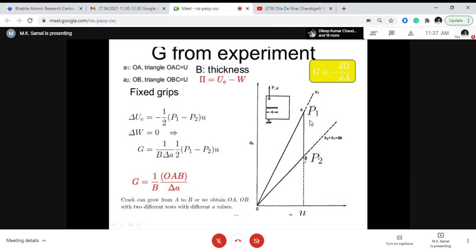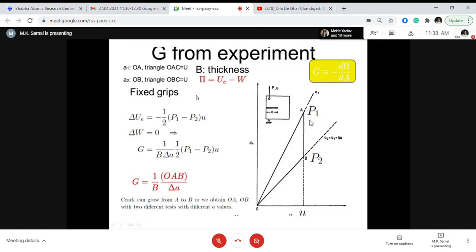The potential energy is the difference of strain energy and work done. During crack growth the displacement is fixed, so work done equals 0, and potential energy equals strain energy. The energy release rate is the potential energy release per unit area of crack advance.